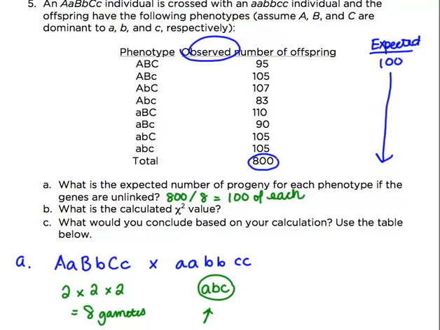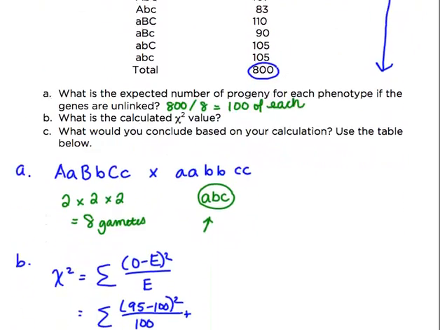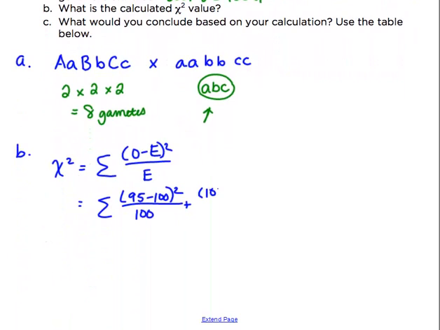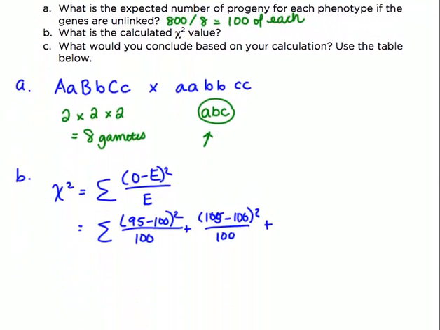Okay, so for big A, big B, big C, we observed 95 and expected 100. For the next phenotypic class, we observed 105 and expected 100. For the next, we saw 107 and expected 100.